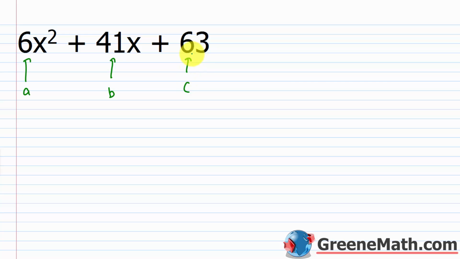So I want to find two integers whose product is A times C. So product is, again, A times C. In this case, that's 6 times 63, which is 378. And we want a sum of B, or 41. So obviously, 1 times 378 would not work.